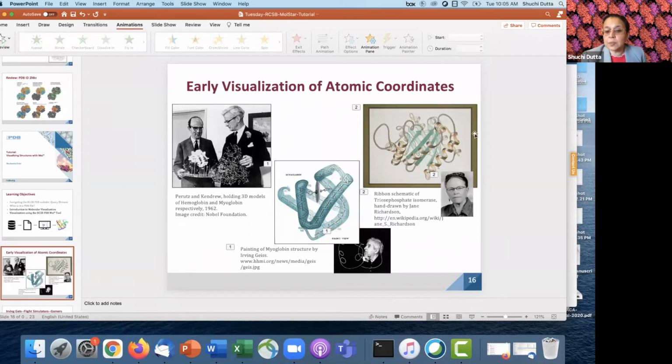This gives you a sense of the backbone architecture of that molecule without getting lost in the details of all the side chains and all the interactions. And this is where this idea of ribbons comes from; pretty much any visualization software that you pick has some rendition of this ribbon way of representing the molecule. And that gives you a certain kind of information.